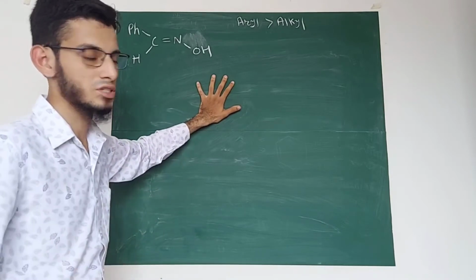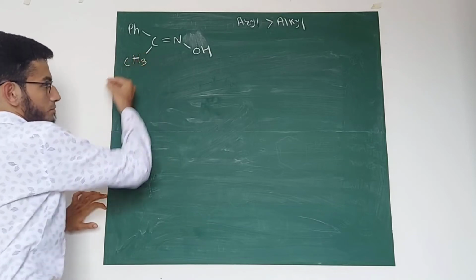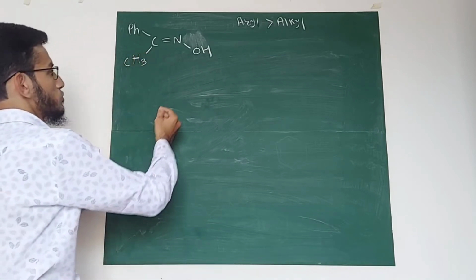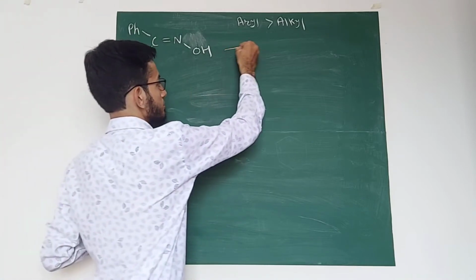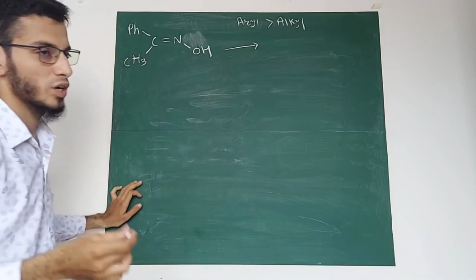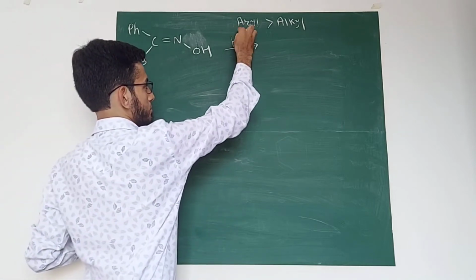Let's start the examples. The first example is very similar. I am taking CH3 here. This is the first example, so this is ketoxime. What happens? If you use H plus, or anything like H2SO4 or acid, I am using H plus here.